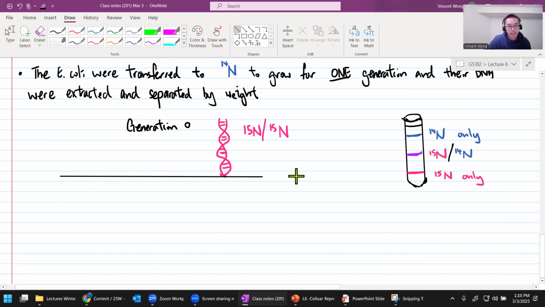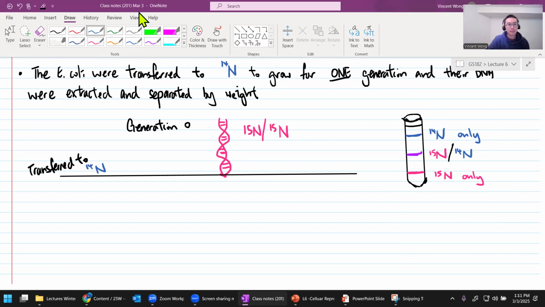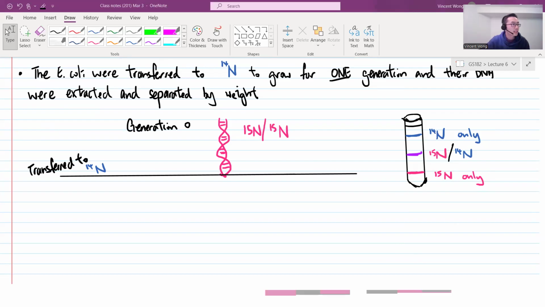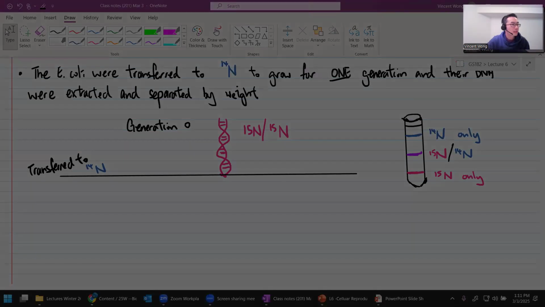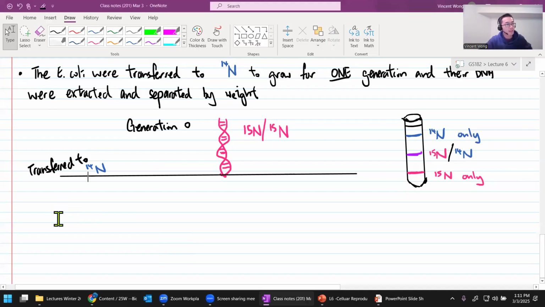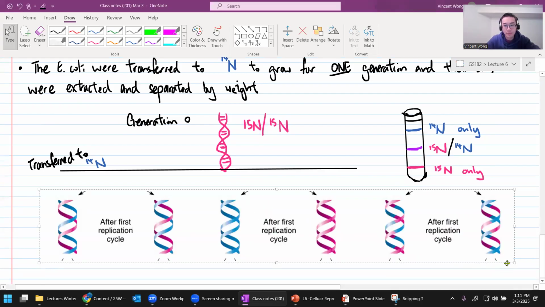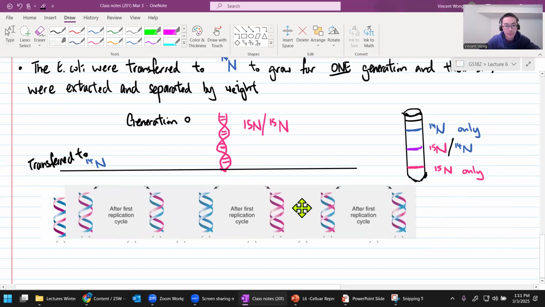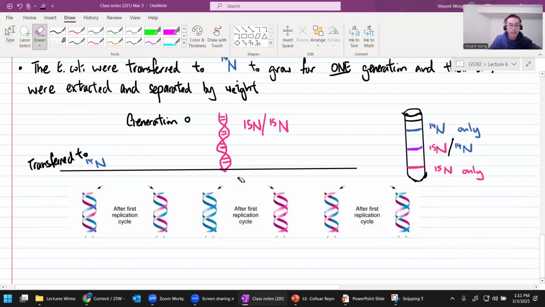And then what happens is this is transferred to N14. Now, what happens after you transfer to N14? I'm not going to draw it. You have this in the notes, because I used to draw it in the past and it's just a mess for people to follow. So over here, we have the three situations, okay?